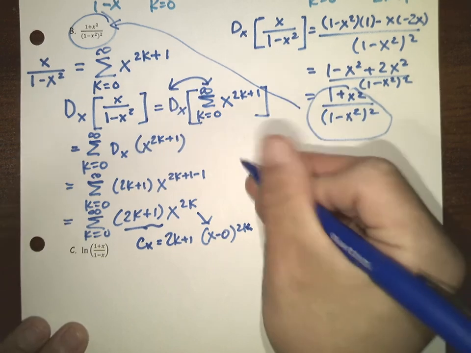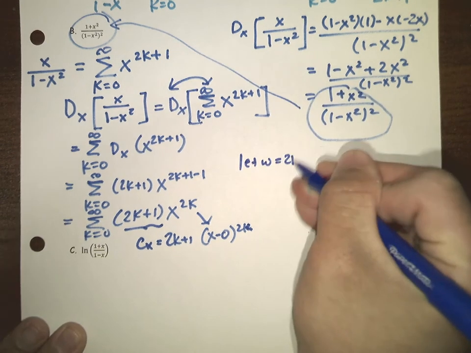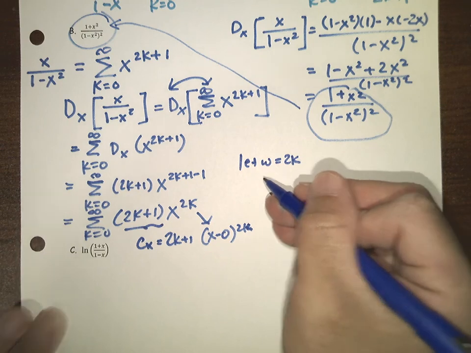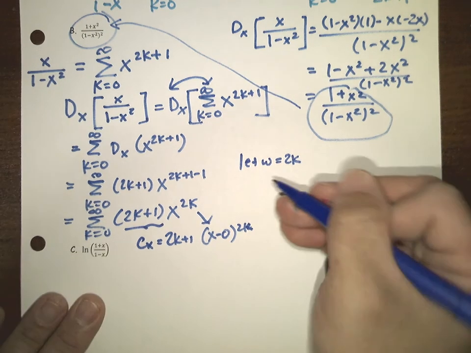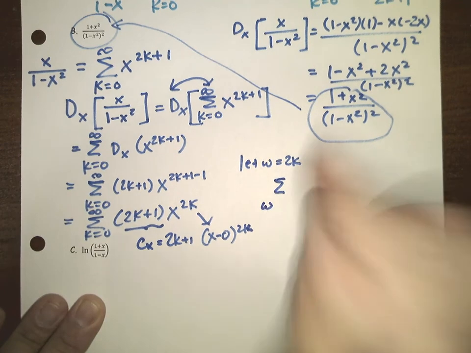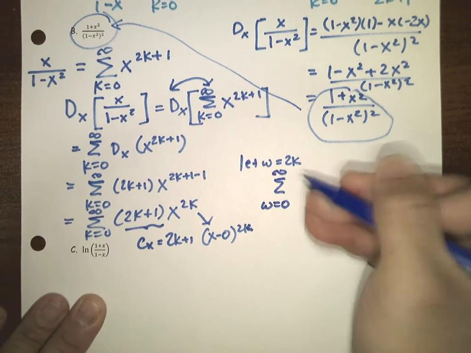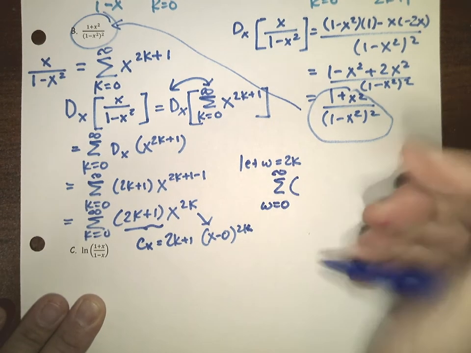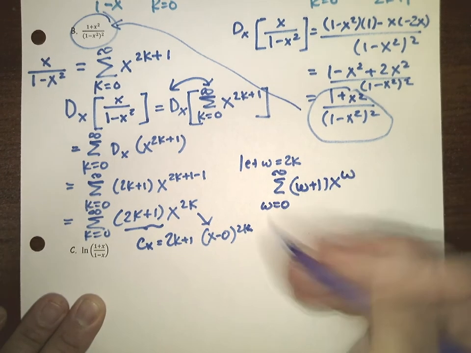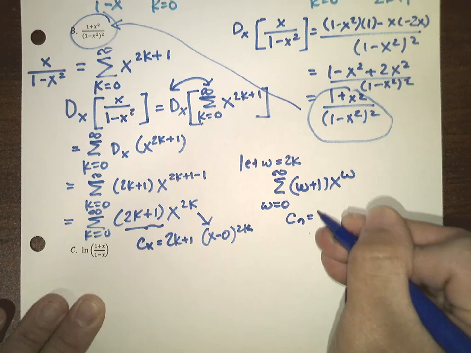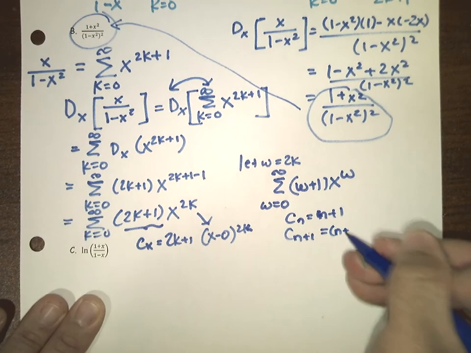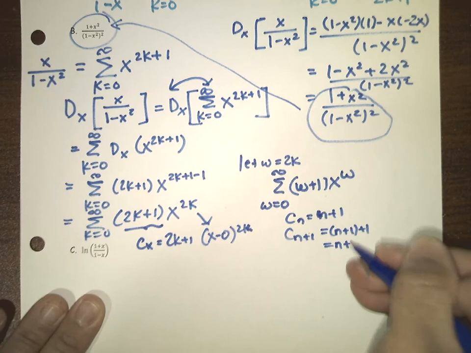Well, I just let w be 2k, and then this is just the sum w equals, so if k is 0, w is 0, so w from 0 to infinity of w plus 1 times x to the w, so c_n is n plus 1, c_(n+1) is n plus 1 plus 1, which is n plus 2.